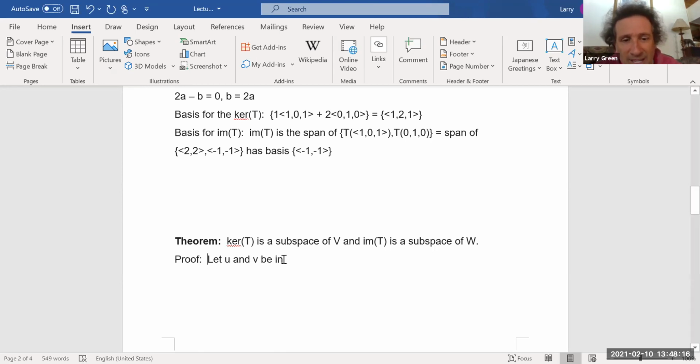Let U and V be in the kernel of T. Then I need to show, so write down the goal, because I think that helps. My goal is that AU plus BV is in the kernel of T. You guys remember that? That's how kernels work.